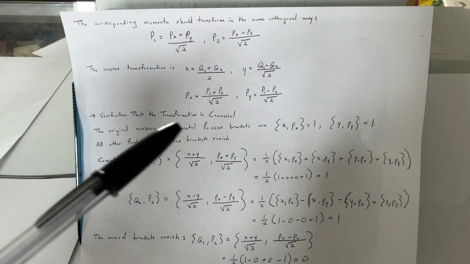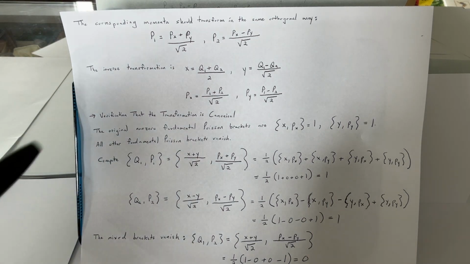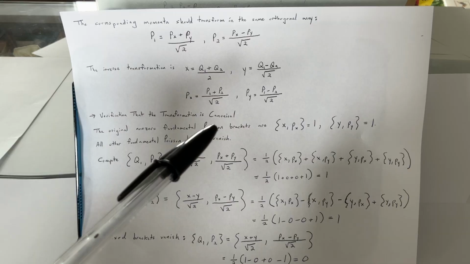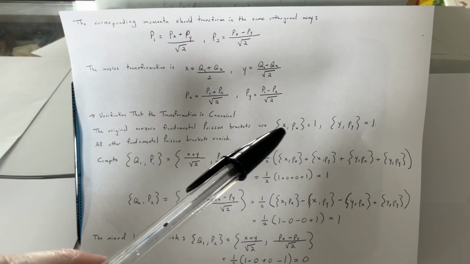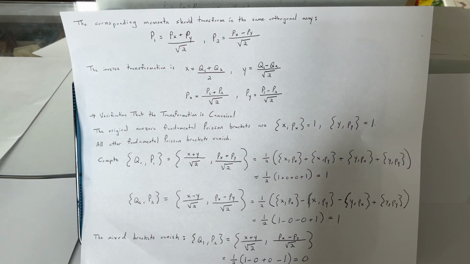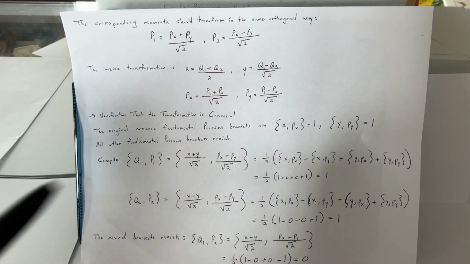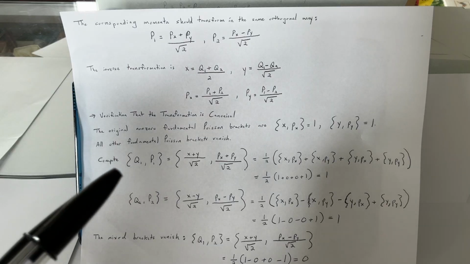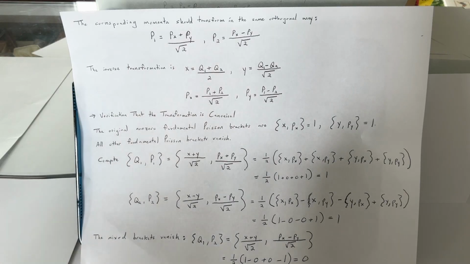Now the verification that the transformation is canonical. The original nonzero fundamental Poisson brackets are {x, pₓ} = 1 and {y, p_y} = 1, and all other fundamental Poisson brackets vanish. If we compute {q₁, P₁}, we get the brackets of (x + y)/√2 with (pₓ + p_y)/√2.